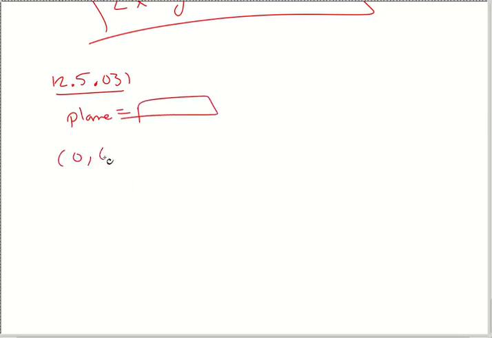So let's do another one. 12.5.031. So they say to find a plane going through these points. So they want the plane as the answer. And they give me these points here: 0, 6, 6; 6, 0, 6; and 6, 6, 0.